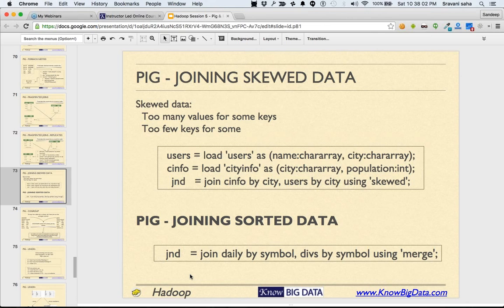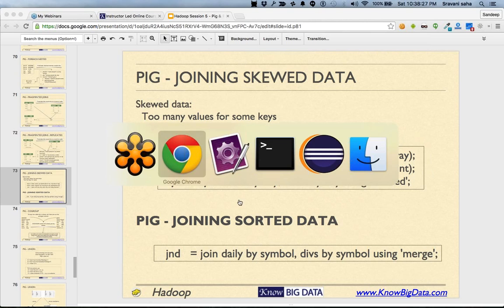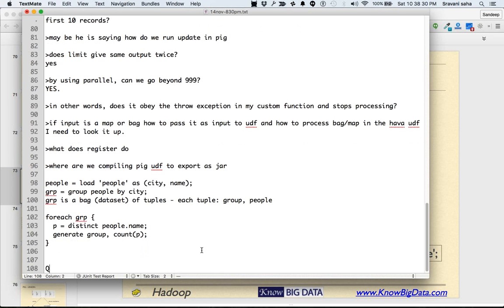That's a very important step for Hadoop, and this will actually improve the performance.